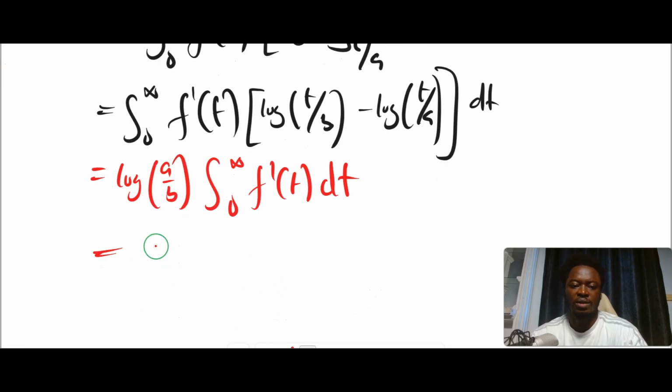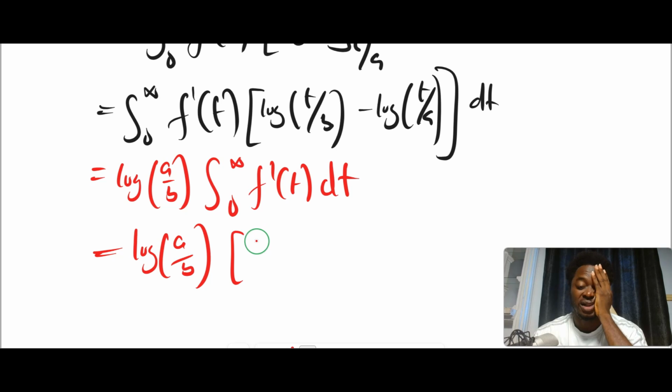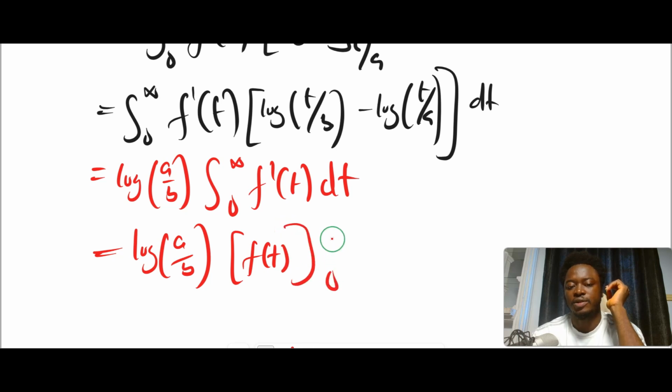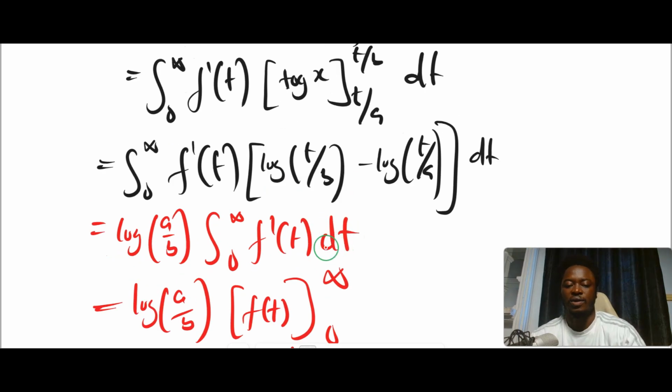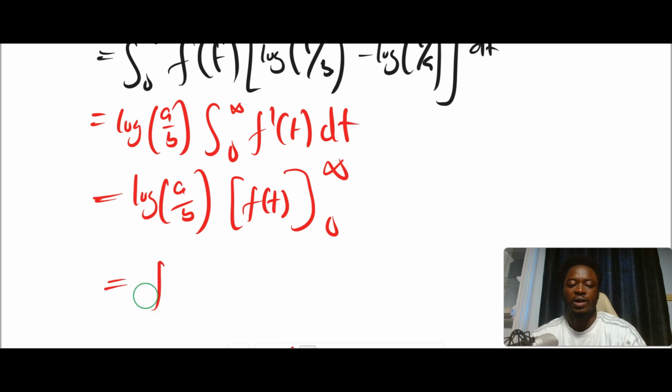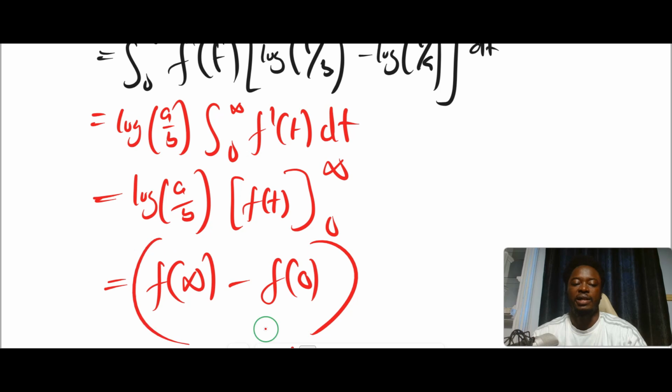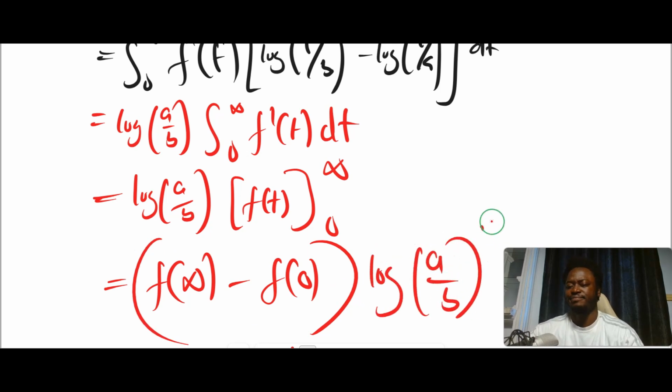Then because it's already f prime of t, this is just basically the logarithm of a over b times what? Times f of t from 0 to infinity. So this is going to equal f of infinity minus f of 0, all in brackets, times the logarithm of a divided by b.